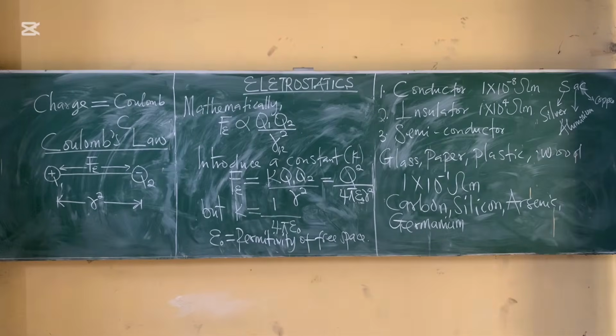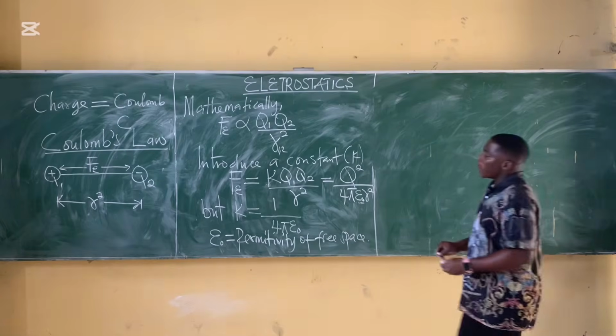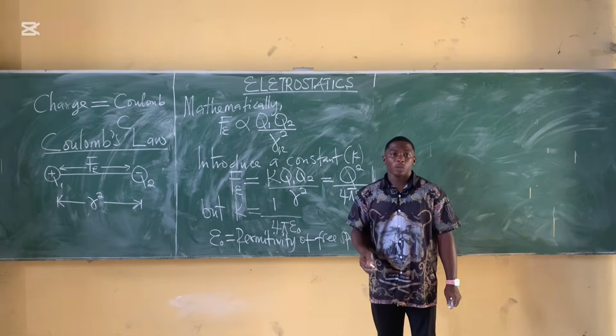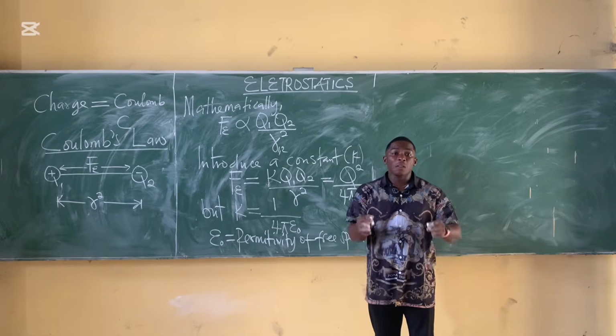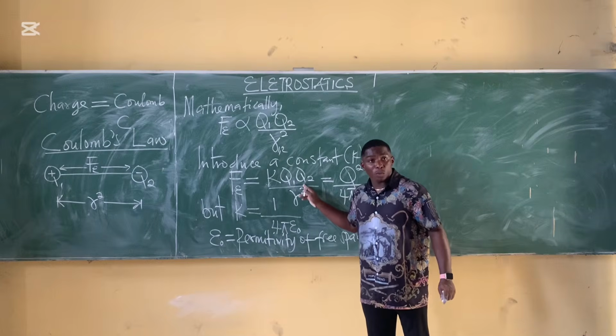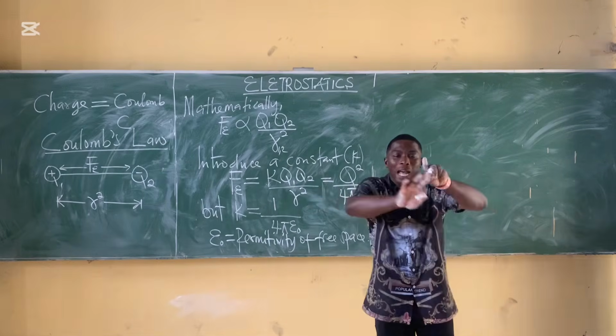So take a typical example. Why did I square them? I square them because Q1 and Q2 are point charges. Point charges have the same small magnitude. Since Q1 is equal to Q2, they are like twins, exactly the same. Any question?